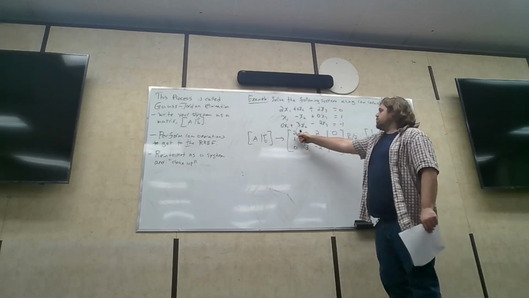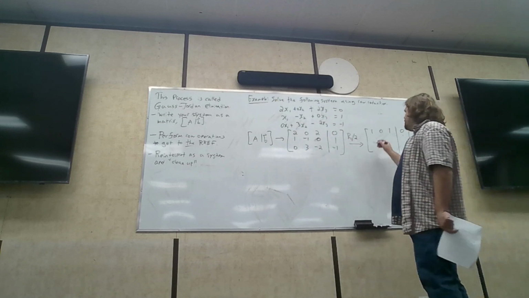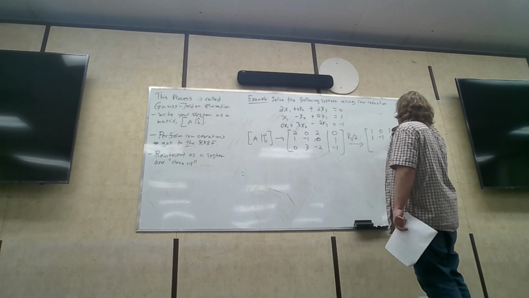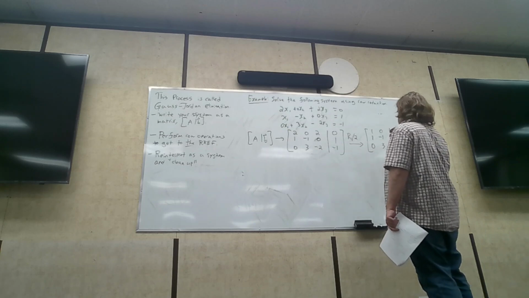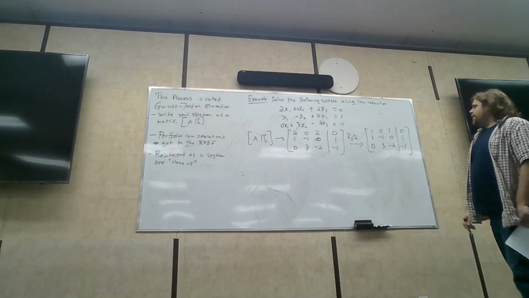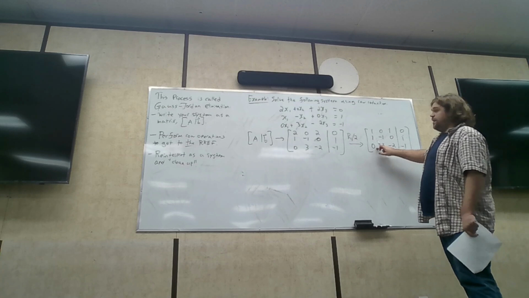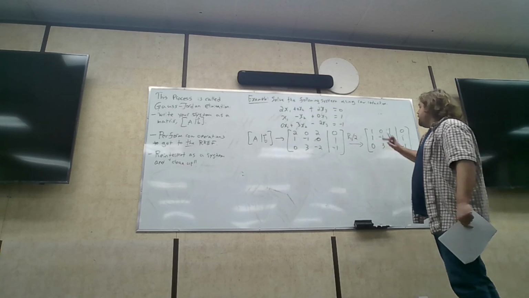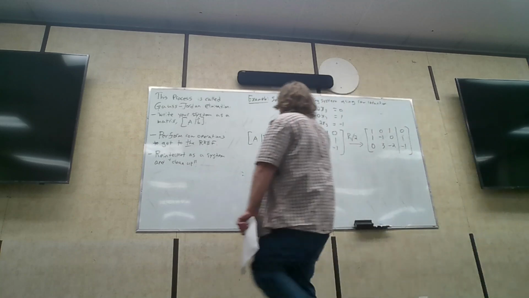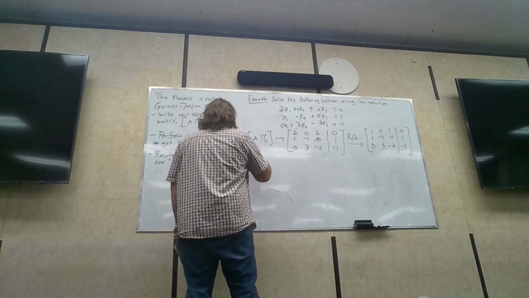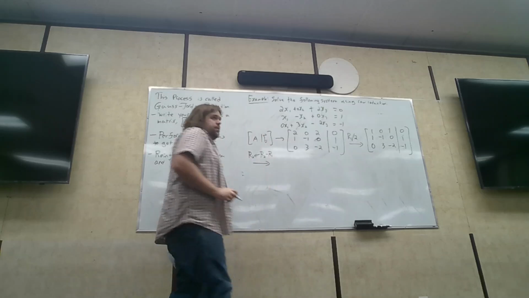We divided this first row by 2, so all of those become 1. We didn't touch these other ones, so they stay the same. Now we're going to use this to create a 0 down there. We don't have to do it here because it's already a 0 there, so that's nice. So we're going to subtract row 1 from row 2. Row 2 becomes row 2 minus row 1.